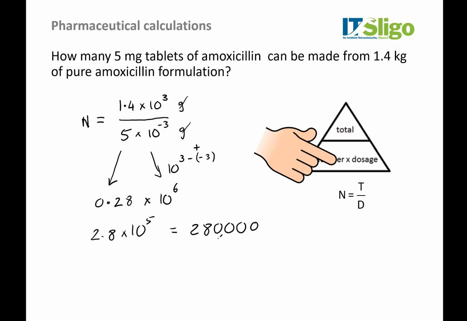So that's how many tablets of 5 milligram dosage can be made from 1.4 kilos. And you don't need the comma, it just helps read the answer a bit more clearly.